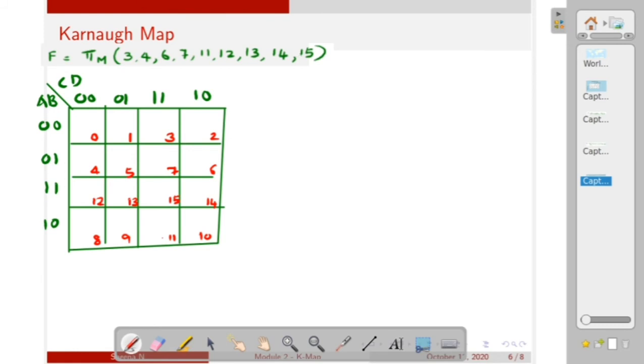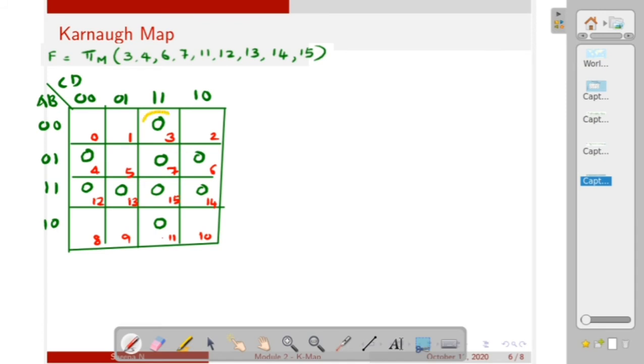Okay, mark these max terms as zeros. So entry 3, 4, 6, 7, 11, 12, 13, 14, 15.